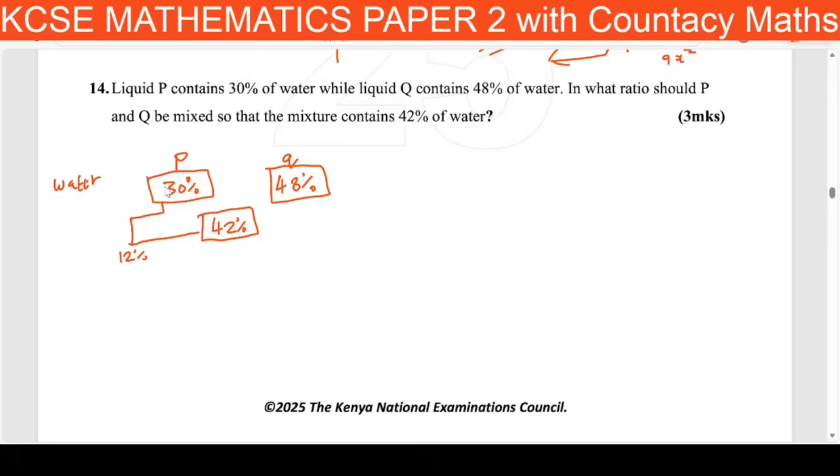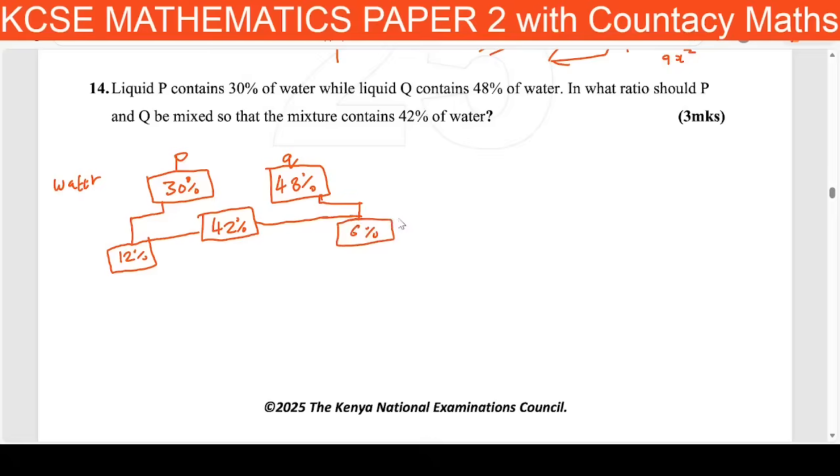Because 42 minus 30, that's 1 and 2. So the difference is that. What about this one? 42 and 48. How do we get as the difference between these two figures? Okay, what you are going to get as the difference is 48 minus 42, that's 6%.